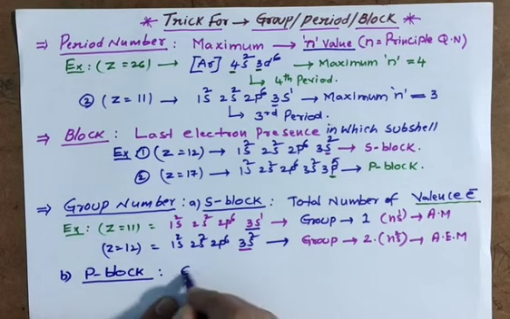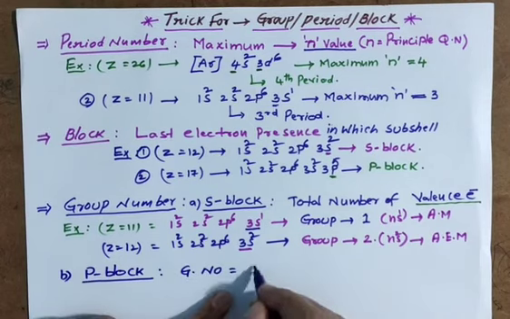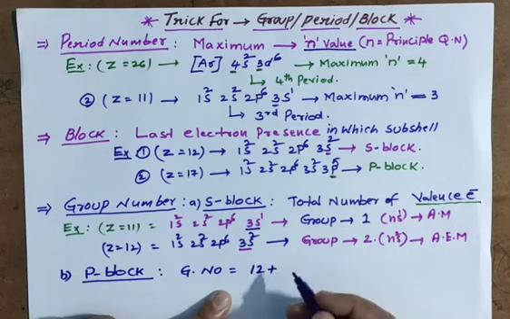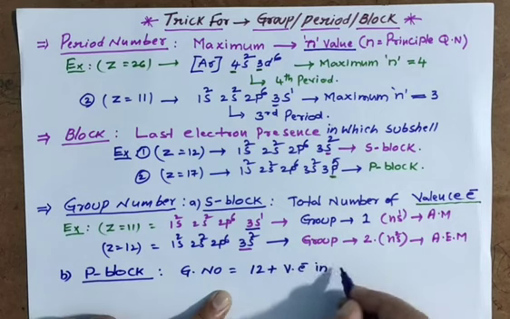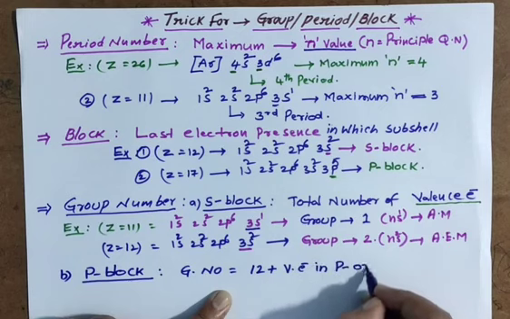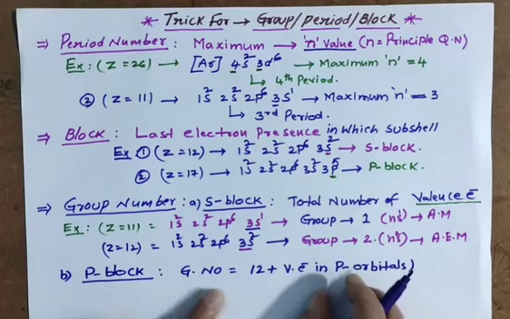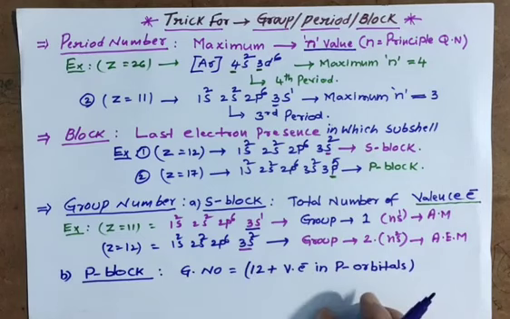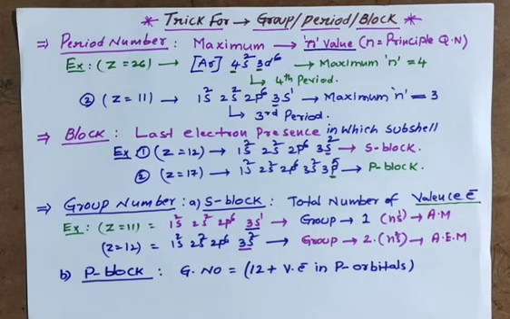So group number prediction: group number equals 12 plus the valence electrons in p orbitals, or simply p electrons. Very easy formula.